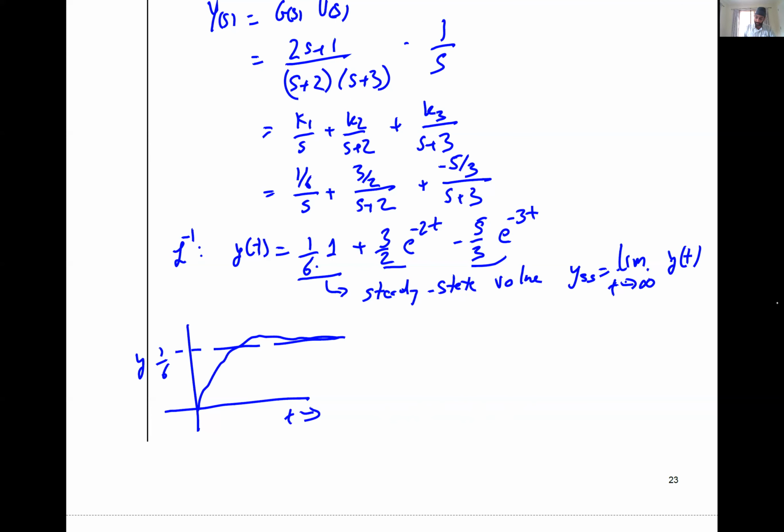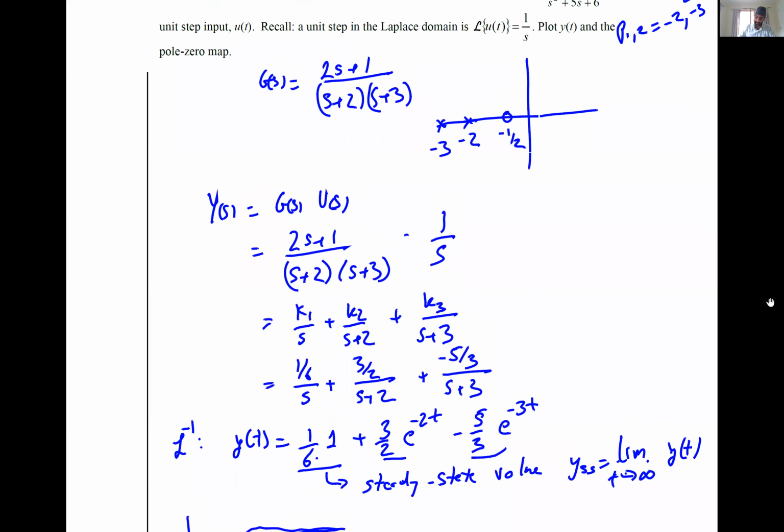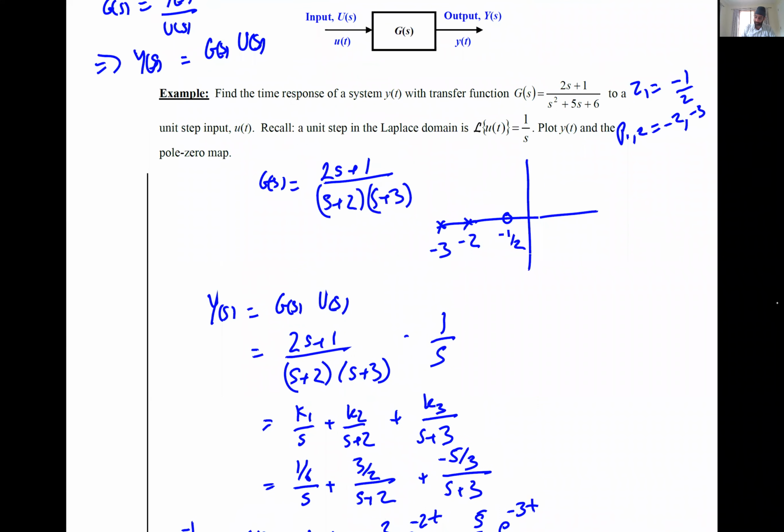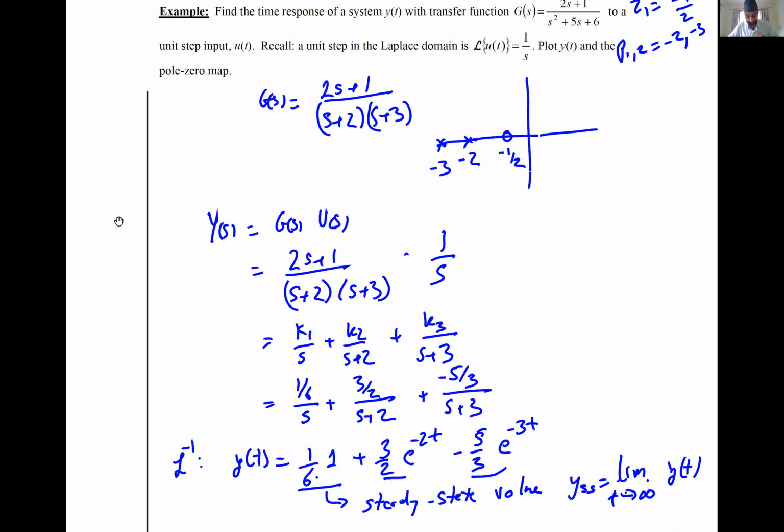In this problem, it was asked to plot the response y(t). So it was reasonable to find out what the time response y(t) looks like. But another way of stating the problem would be that instead of sketching this y(t) plot, I just ask for the steady state value of y.